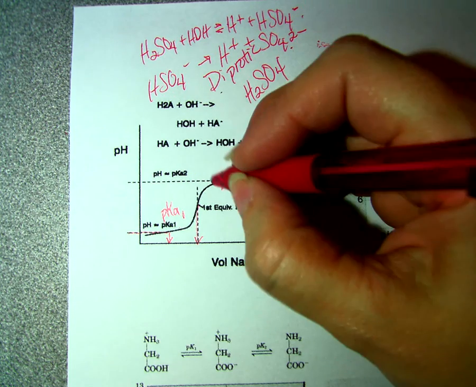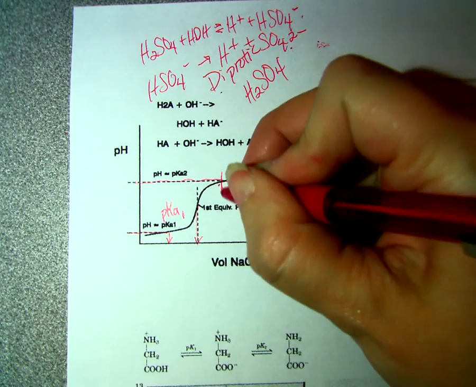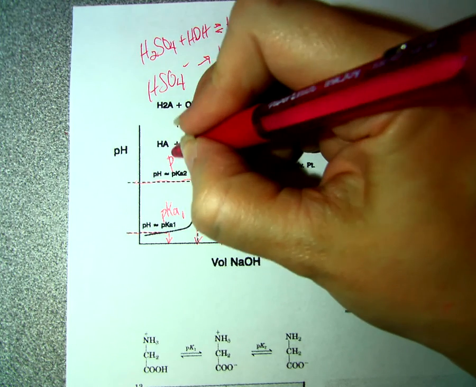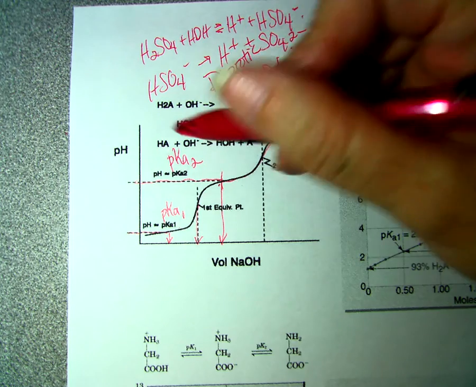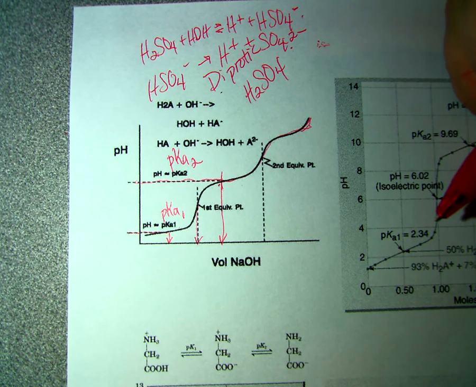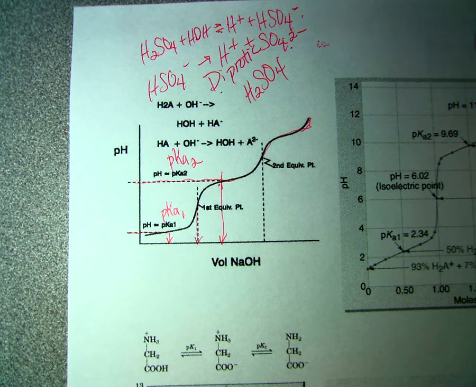The second equivalence point is around here, and at the half equivalence point, this would be your pKa2. We can't actually calculate it because there's nothing on the pH scale, no marks. So we can't say much other than realizing that that's where the pH would be.